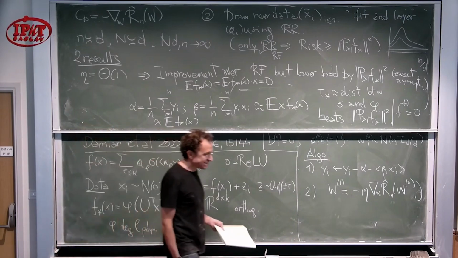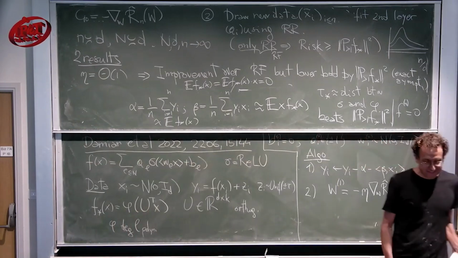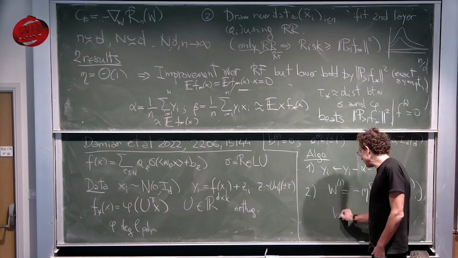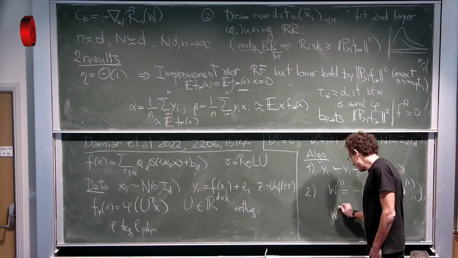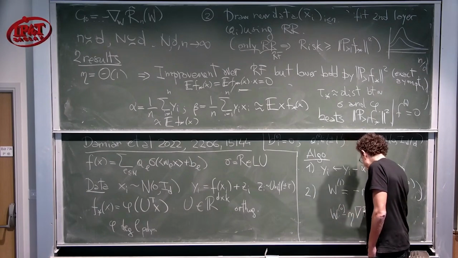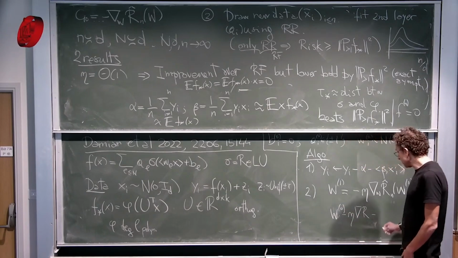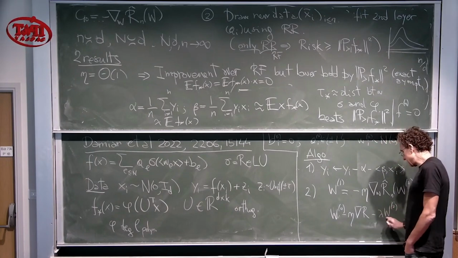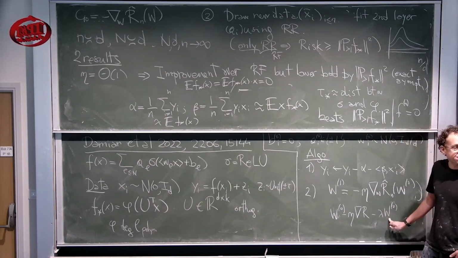Now, it's a bit between the lines. It's written in a way that you have to read it to understand that this is what they're doing. Because the way they write it is, okay, they do W0 minus eta times the gradient, and then they say we do some weight decay. This is equivalent to regularization, right?